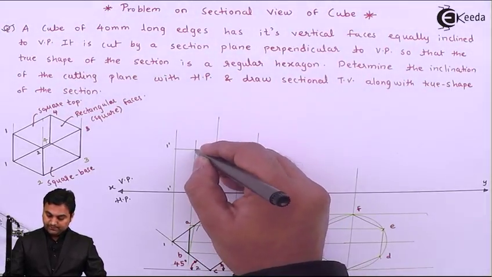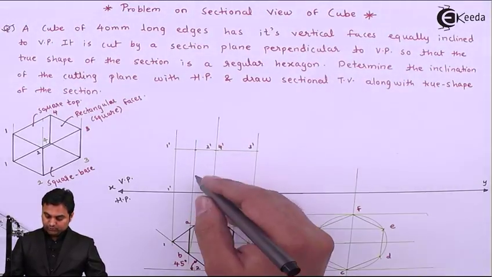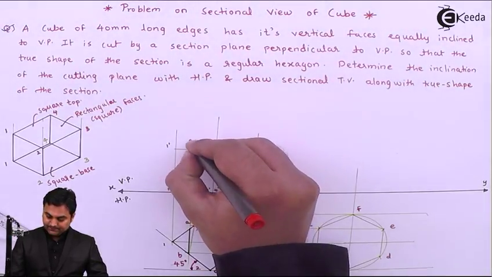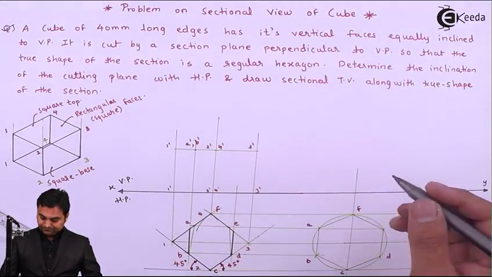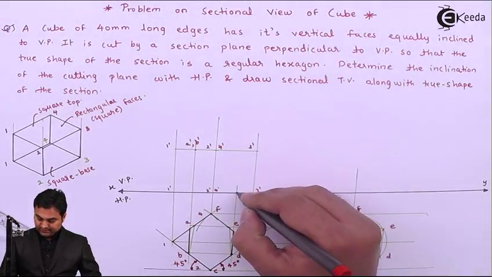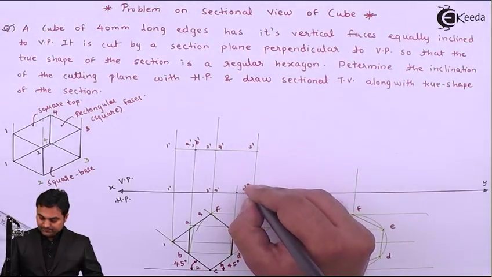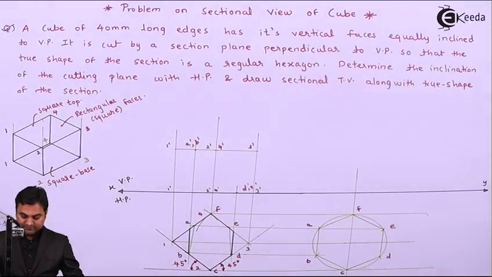It will be here, that is cutting the two edges, so we are getting 2 points. That will be A dash, B dash, and then at the middle and finally at the base. Here this will be D dash comma E dash. So joining them with the help of a light line first.